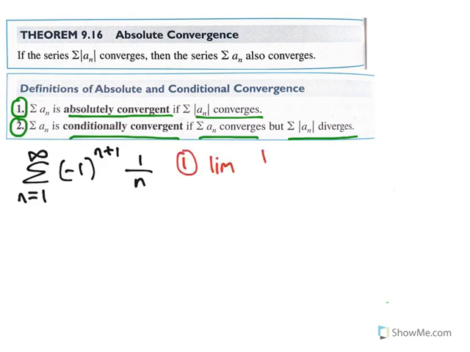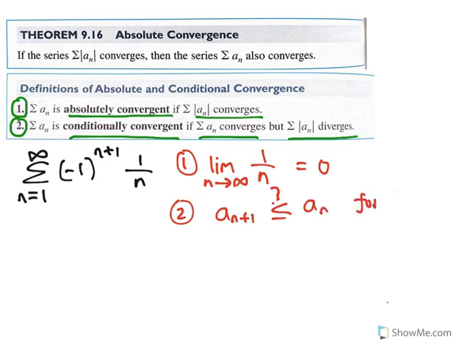So we check the limit of a sub n as n goes to infinity, and it is equal to 0. And we check to see that a sub n plus 1 is less than or equal to a sub n for all n greater than or equal to 1, where n is an integer. So is that true?